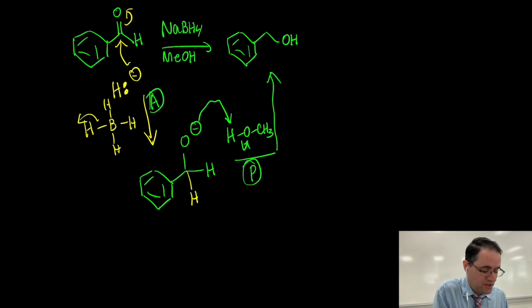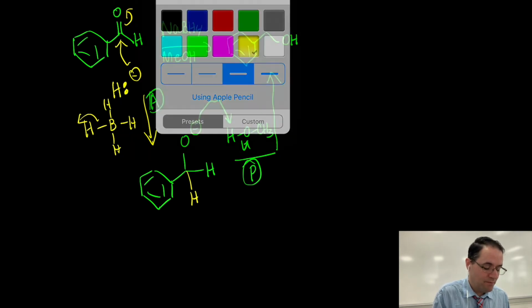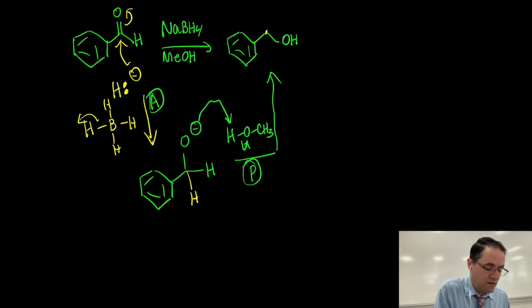So the first step is hydride attacking. The second step is your alkoxide being protonated to give you the final product there. And we're not drawing the two hydrogens on this carbon. We keep it simple there in the product, okay? So LAH would be the same type of mechanism. We just use hydride again, and then in the second step we would use H2O instead of methanol, all right?